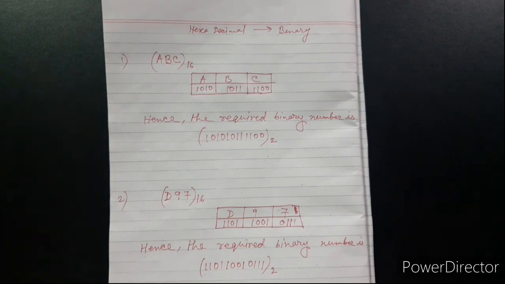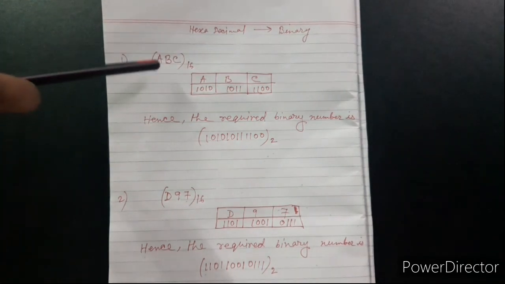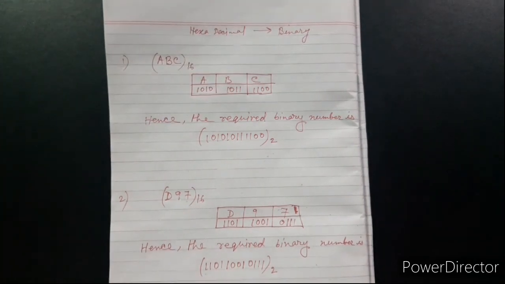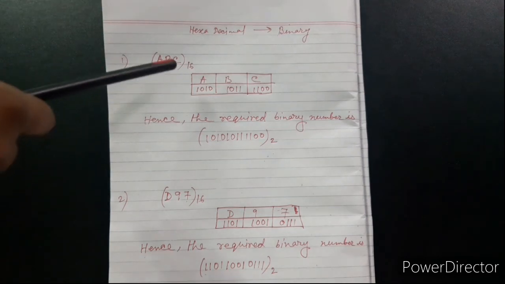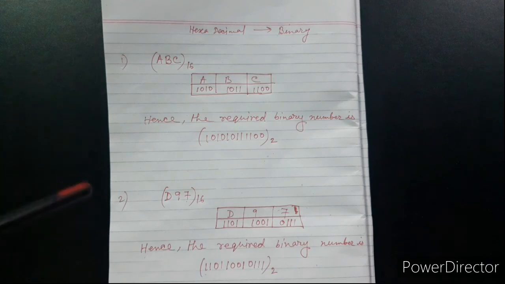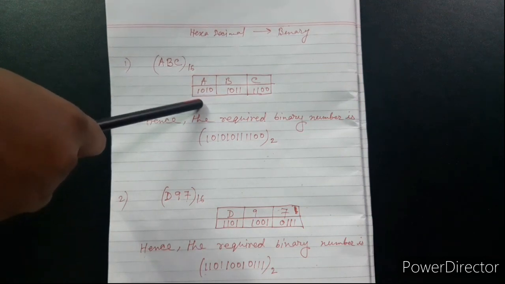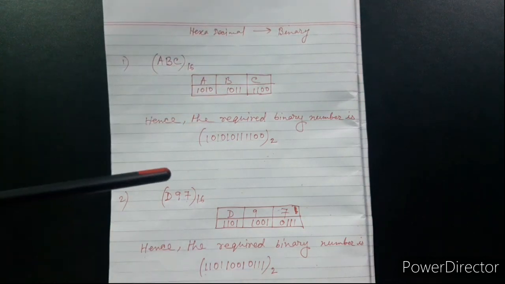The first number is ABC. This is a hexadecimal number. First we write the digits here, ABC. Then we just write its binary equivalent in 4-bit form.